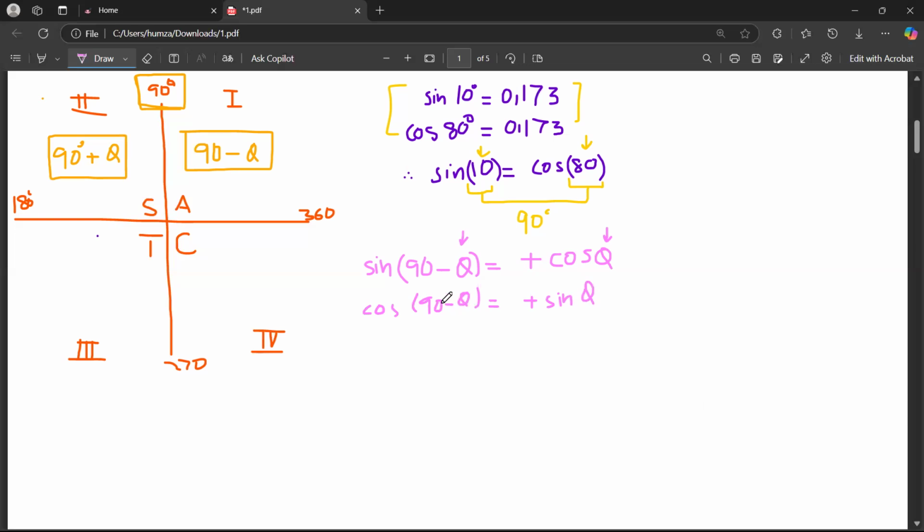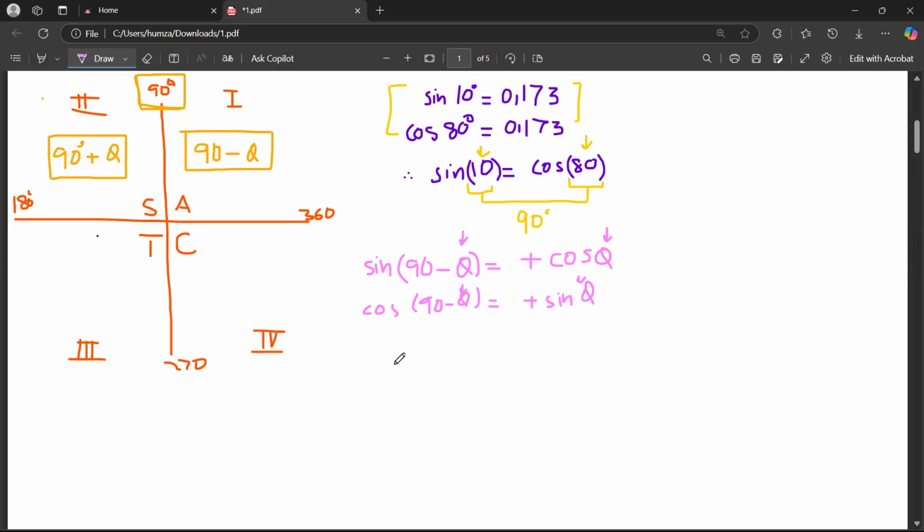Why positive? Because in the 90 minus theta quadrant, everything is positive, all the ratios, and cos theta will change into sin theta. This angle here is equal to this angle. So these are the co-functions reduced.